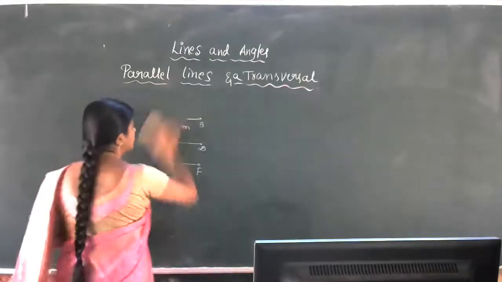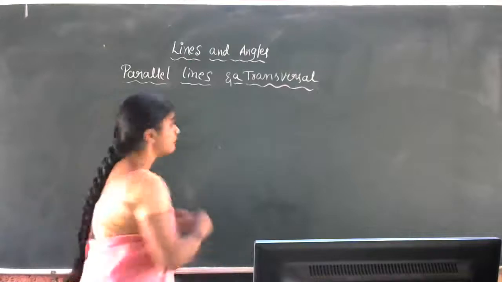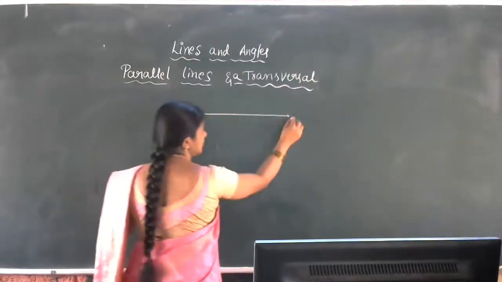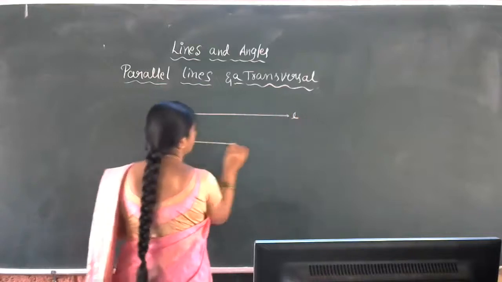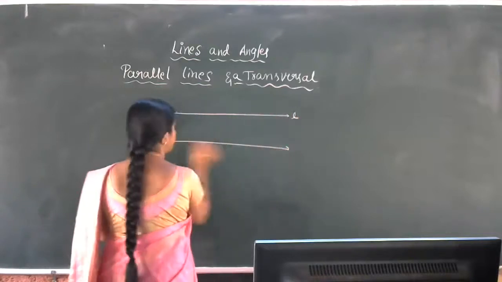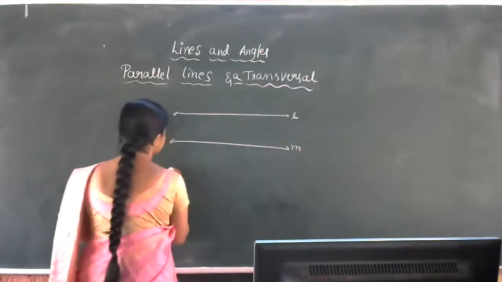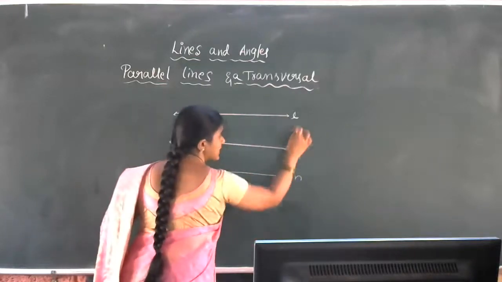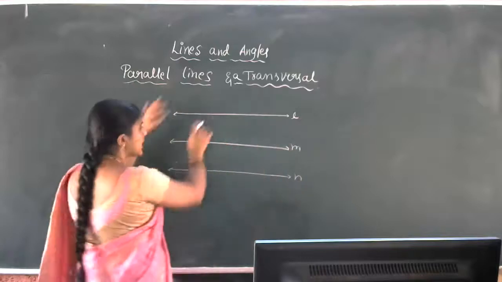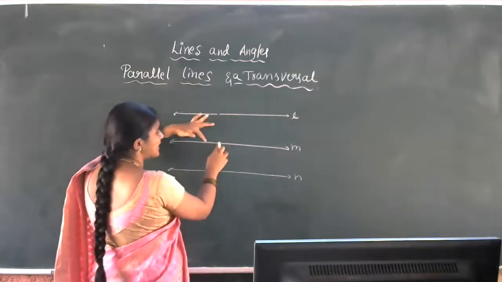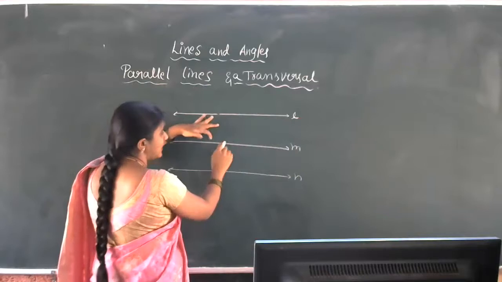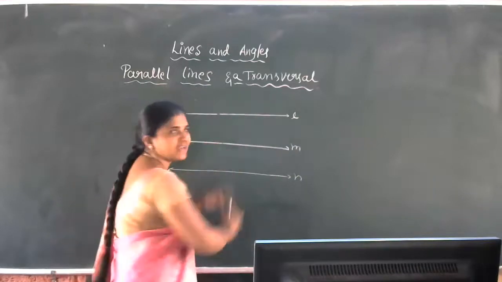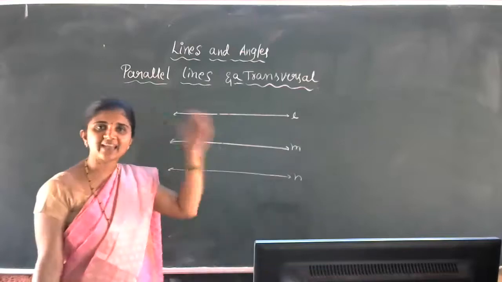Similarly, in the same way, now you just observe. I'm going to take this line L. Next this one M. Next this one N. L, M, N. Okay, so now line L is parallel to line M, like in axiom one.